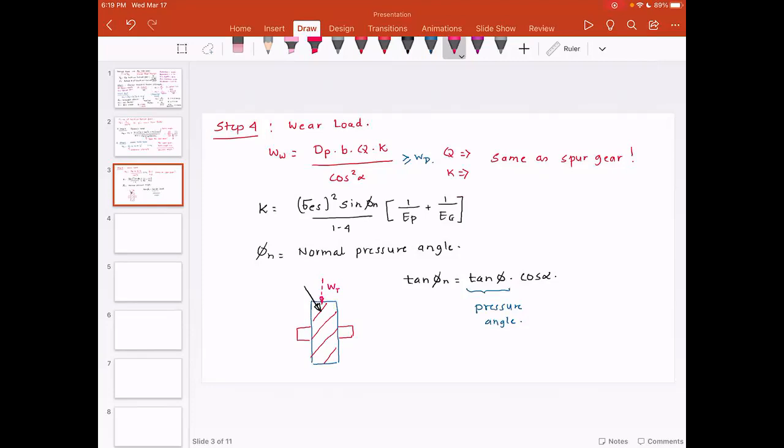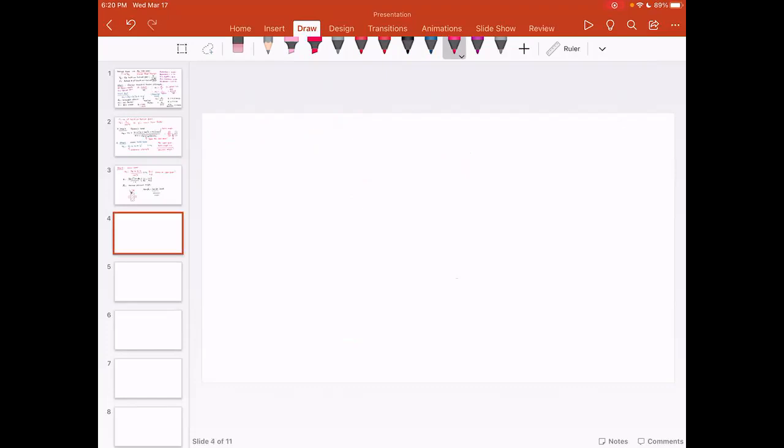Let's work out the problem, and when we do the shaft design, I will show you how to find these values. So before I proceed, any questions at this point? Okay, let's work out a problem.